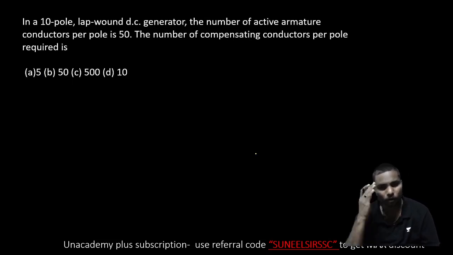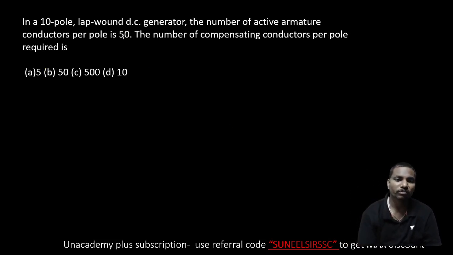In a 10-pole lap-wound DC generator, the number of active armature conductors per pole is 50. The number of compensating conductors per pole is also equal to the number of conductors per pole. So conductors per pole is 50 by 10, that is equal to 5.